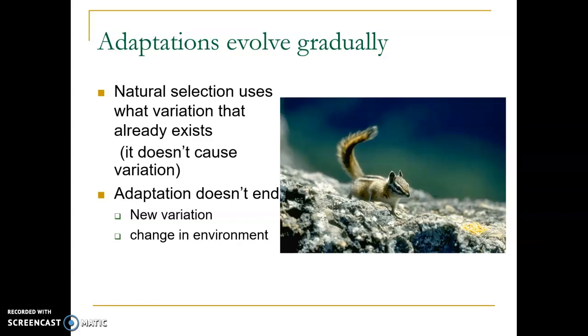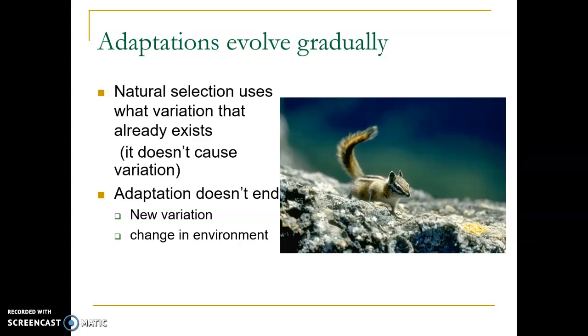Nope. If that's a trait an organism now has, at some point in time there were ones with thinner coats and ones with thicker coats. The ones with thicker coats survived, and so on down the line. So natural selection doesn't cause the variation, but it uses the variation that already exists.